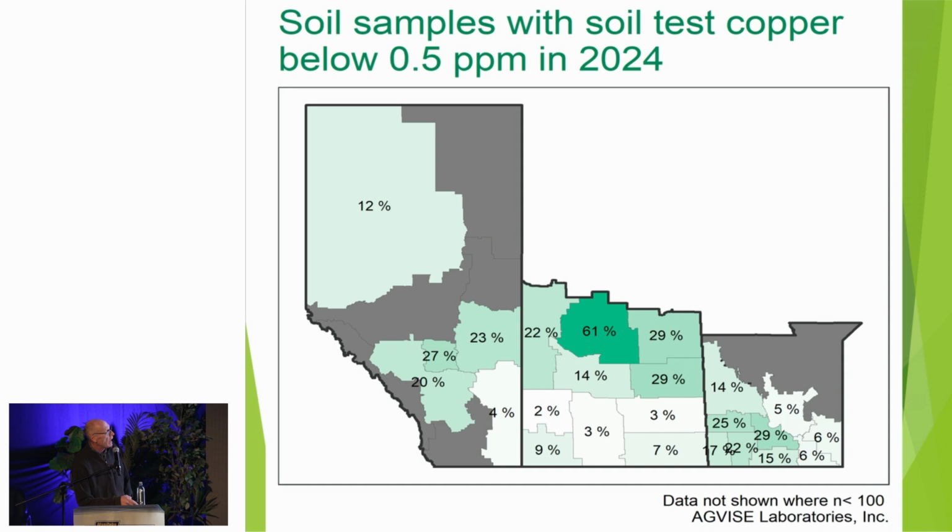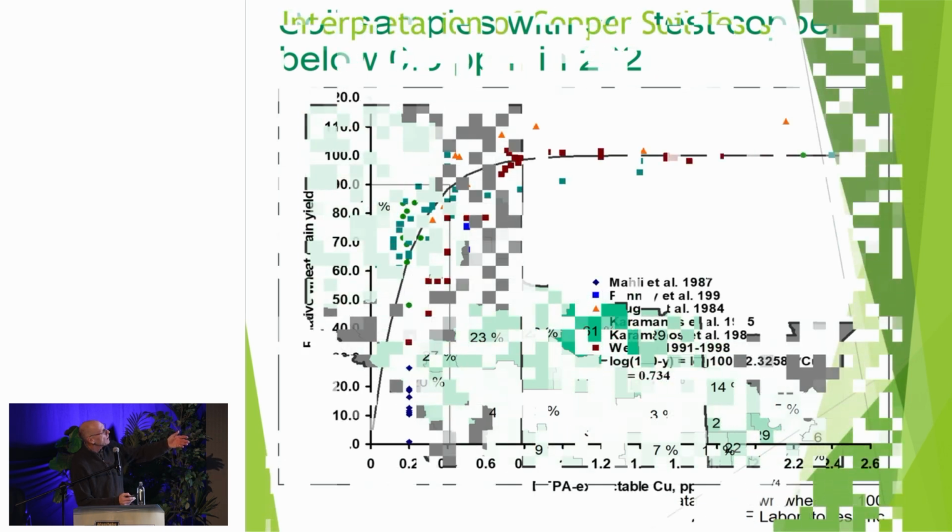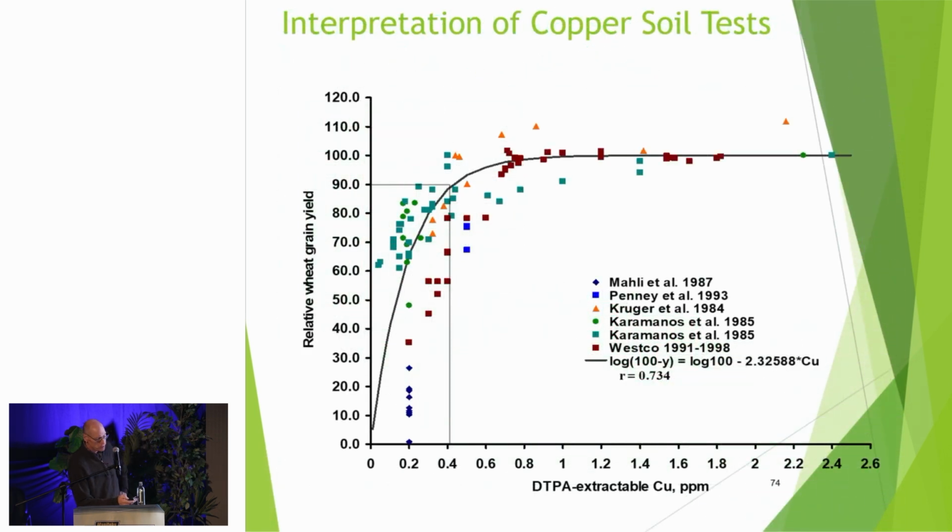And so typically done on a soil test, and if you are running low, and where our recommendations come from, there's some 102 experiments done with copper on soils across the prairies. When soil test levels are very low, these are the yields from studies compared to 100% where copper was applied.